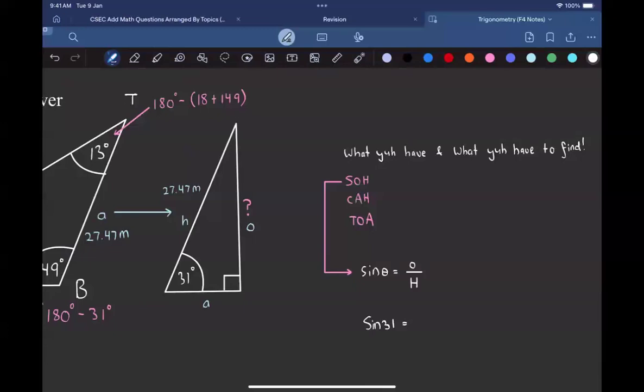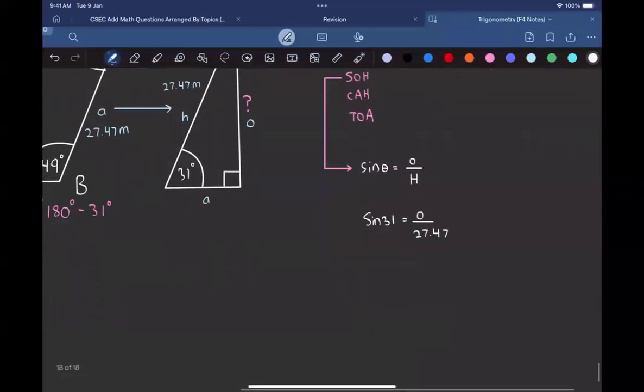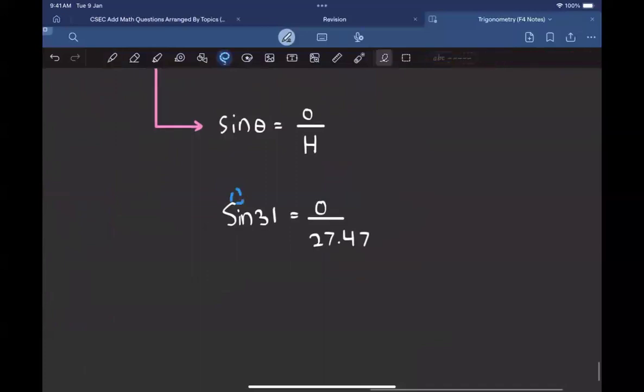No. Do I know what the hypotenuse is? Yes, 27.47. What am I going to do next? Cross multiply. So I'm going to write sine 31 as sine 31 over 1, and if I cross multiply, what will happen?